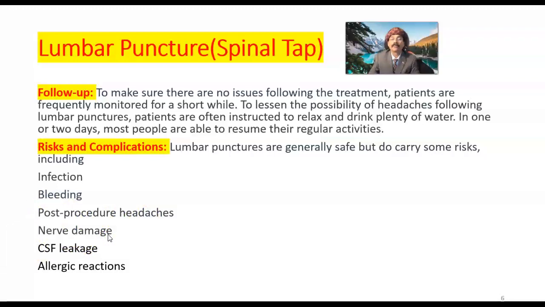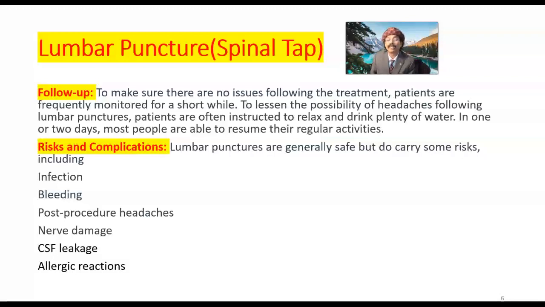Nerve damage: we may get pain along the distribution of the nerve because our lower vertebral canal contains nerve roots and the filum terminale. So there may be nerve damage. Cerebrospinal fluid leakage may happen from the site of lumbar puncture.